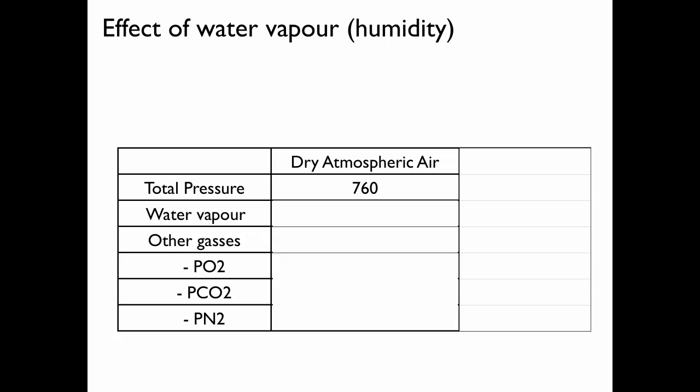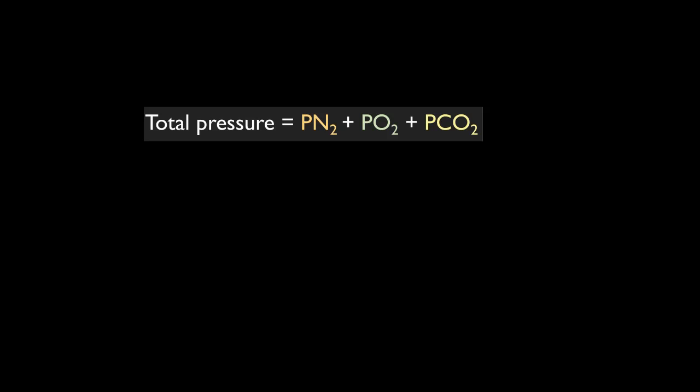I've summarized this in the chart here. This is the effect of adding water vapor, humidity, on partial pressures of gases. Again, in dry atmospheric air, total pressure is equal to the partial pressures of all the gases contributing: nitrogen, oxygen, and carbon dioxide.